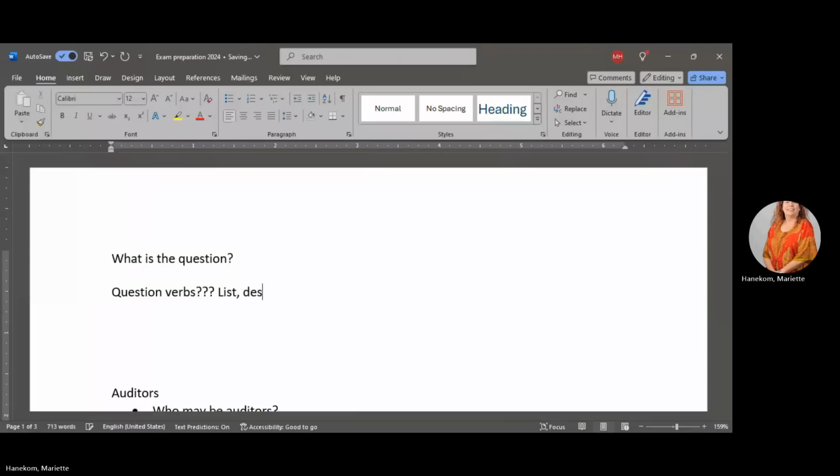List, describe, explain, compare, etc., etc. If I'm asking you to list something, I literally want you to list it and no discussion is required. I'll give you an example of that when it comes to auditors, when we talk about auditors later. A description obviously requires more detail and explanation.